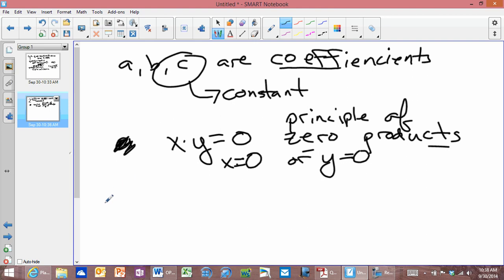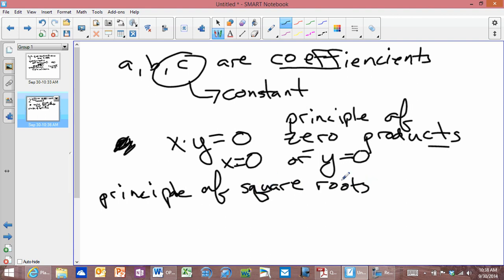Then you also have the principle of square roots. Whoops, that's a Q. Square roots. What we're going to use for that is if I have x squared equals a number, they use k, I'm just going to use a number symbol. How do I solve this?